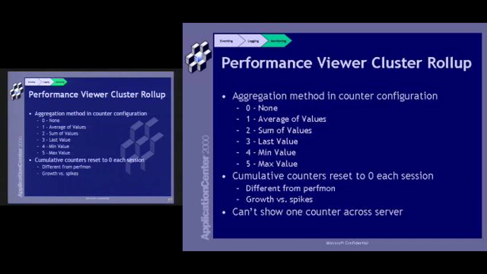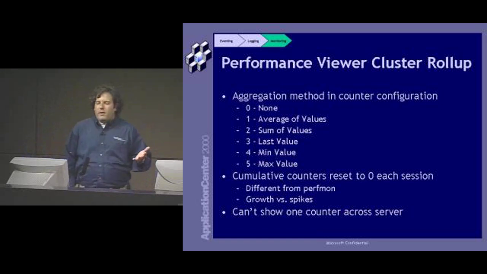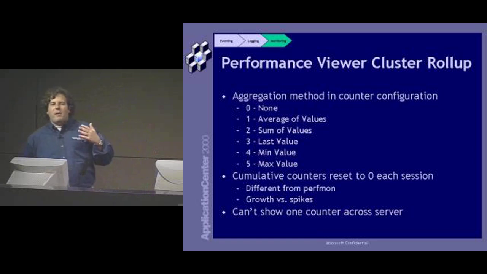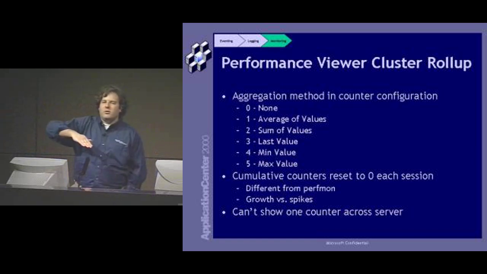For the cumulative counters, things that are like total requests, we reset this back to 0 for each session, for each instance of the UI. This is a little bit different from the way perfmon does it, in that perfmon, if I'm looking at total web connections, every time IIS restarts or starts, that counter drops back down to 0.